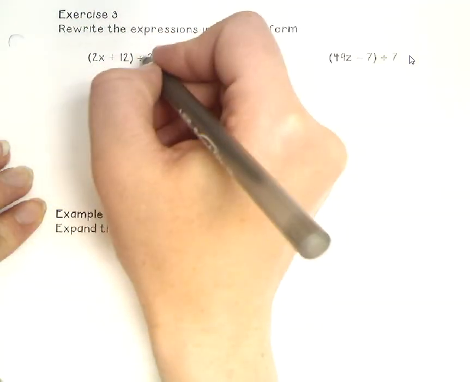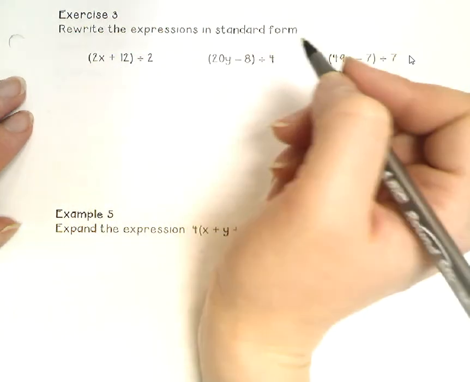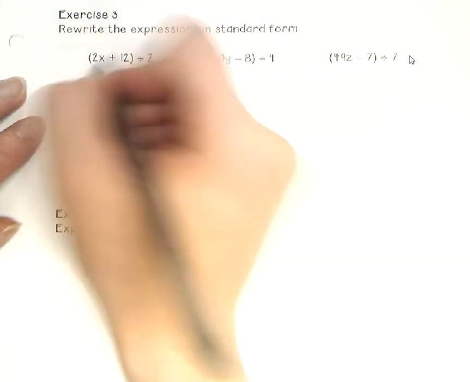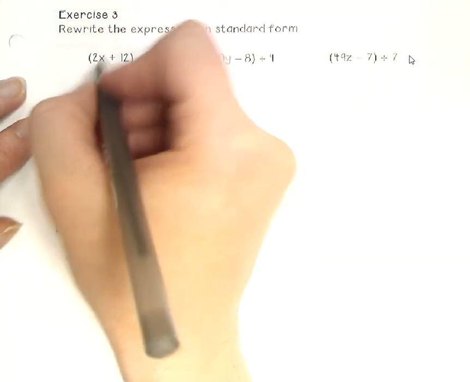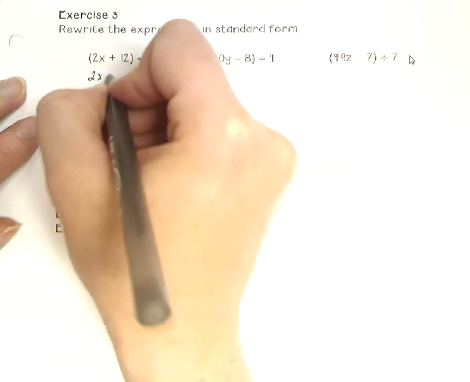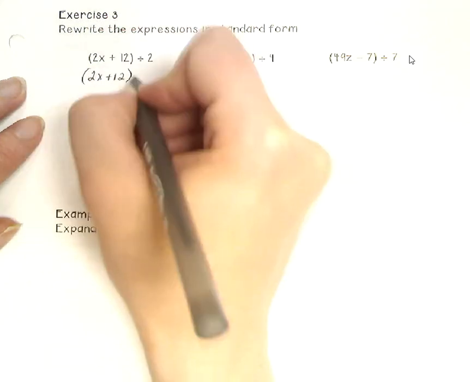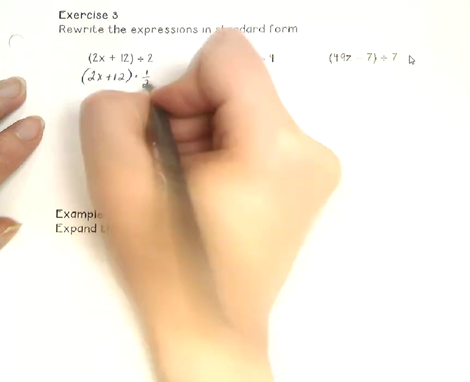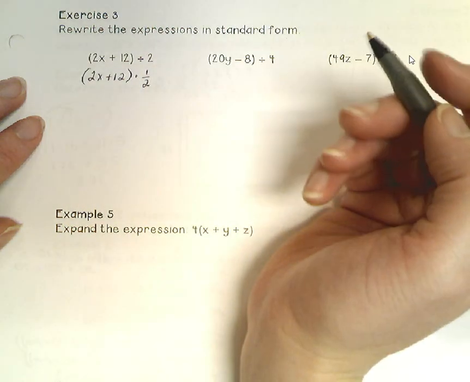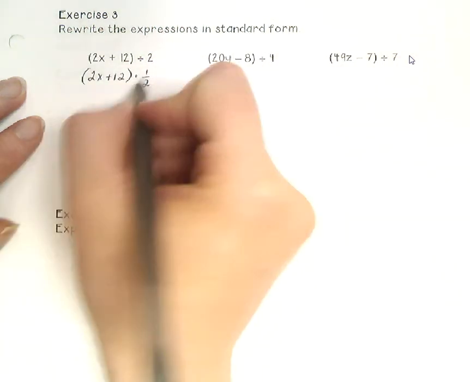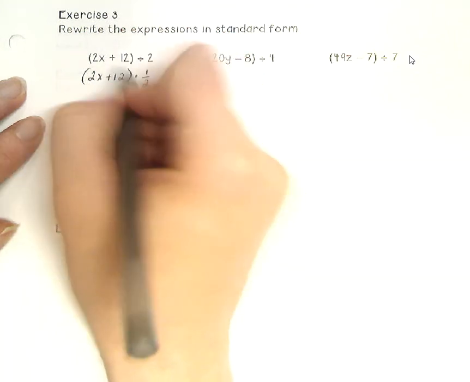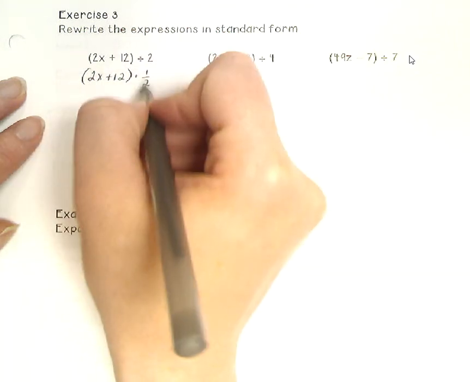So we right away are going to change division into multiplication of the reciprocal, or multiplicative inverse, right? So I have 2x plus 12 in parentheses, and that is multiplied by 1/2 because the reciprocal of 2 is 1/2. And I'm going to multiply both numbers inside the parentheses by 1/2.